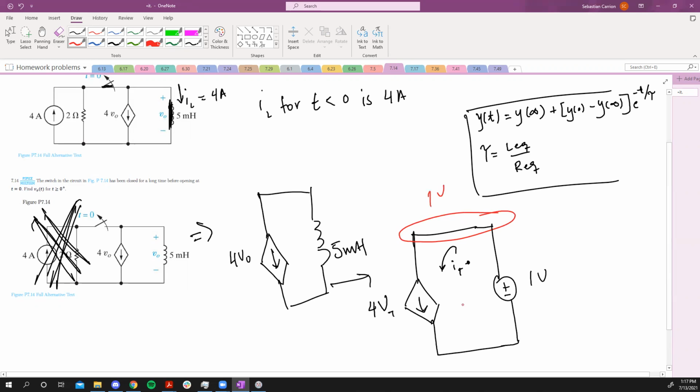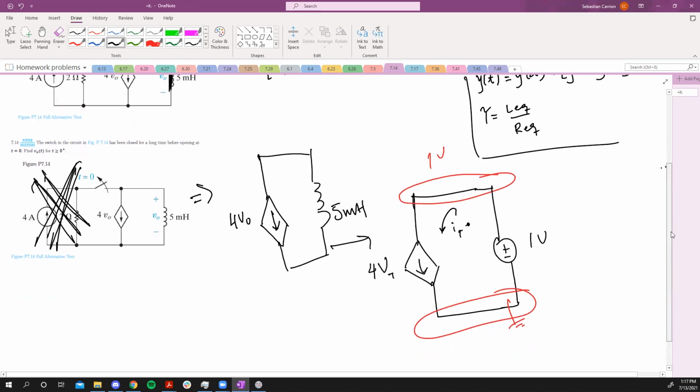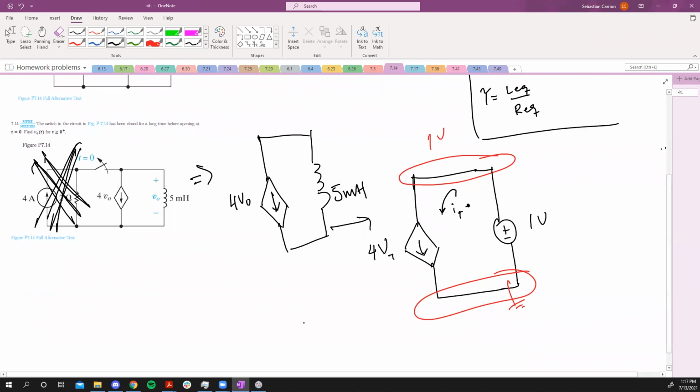Doing the circuit analysis with 1 volt, say this is ground. We know that IT equals 4 VT, and VT equals 1, so IT is 4.